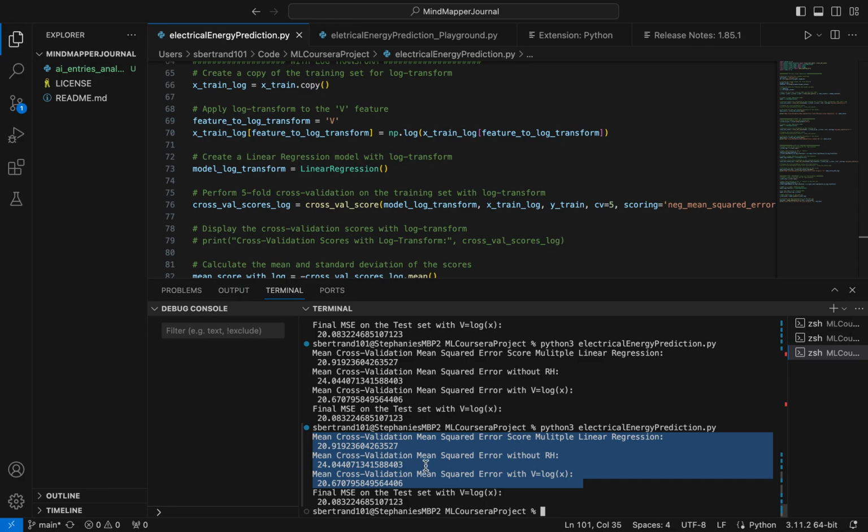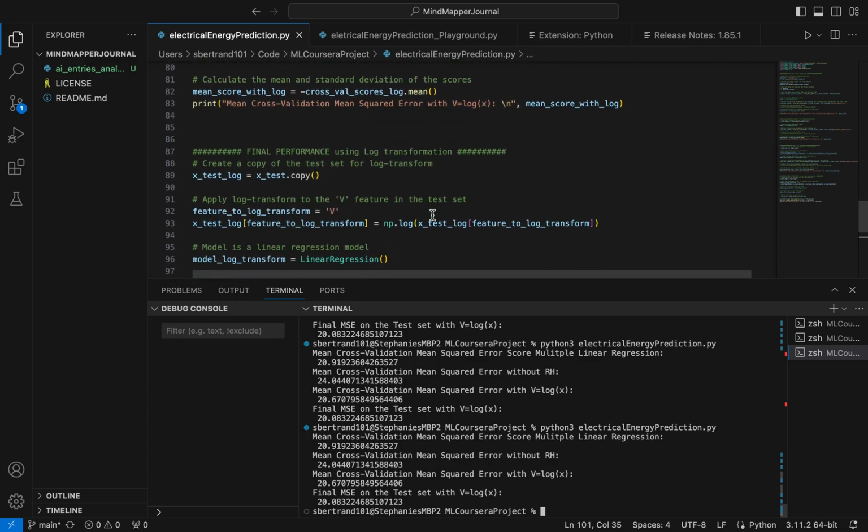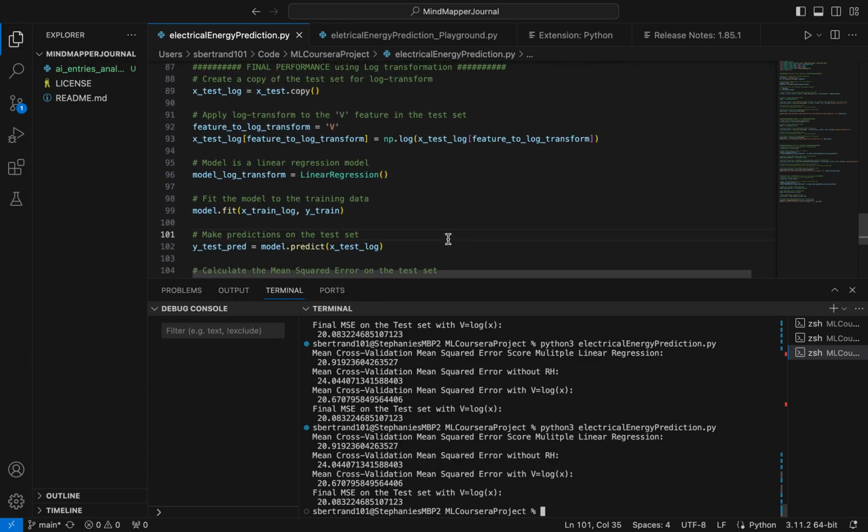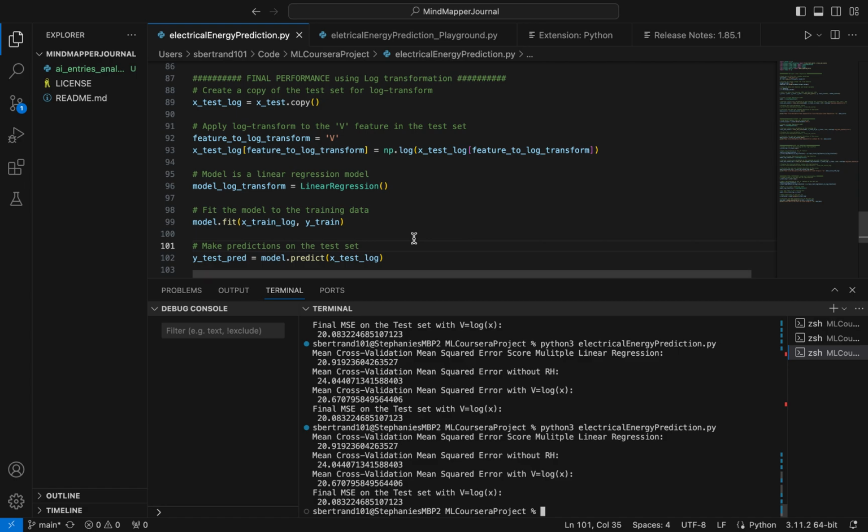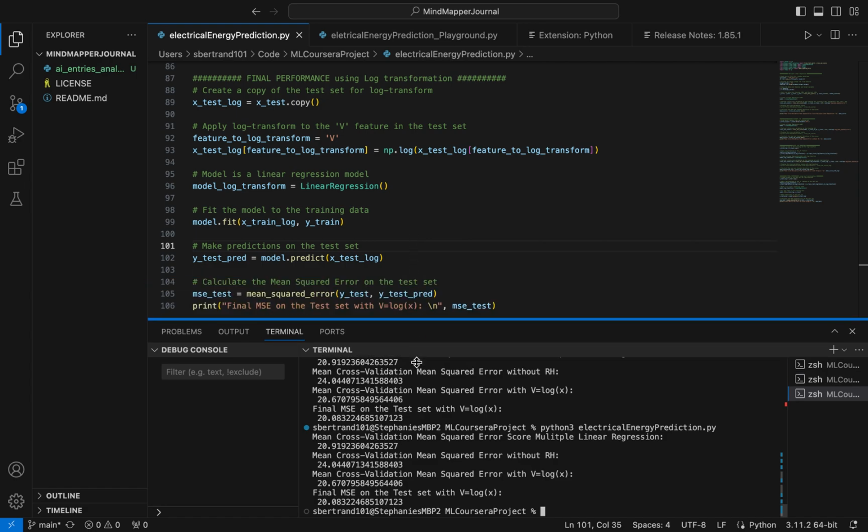And remember, here we're looking for a reduced mean squared error. Finally, the log transformation actually did perform the best, reducing it by about 0.23 units. So we ended up evaluating that the log transformation on the multilinear model would be best.